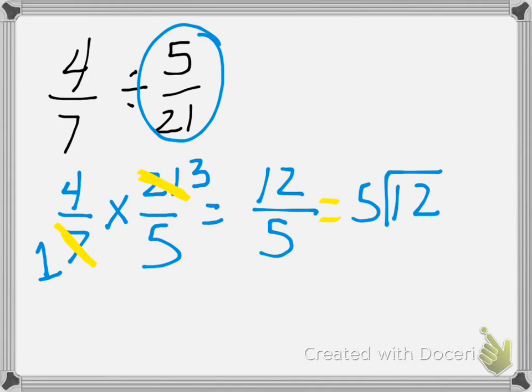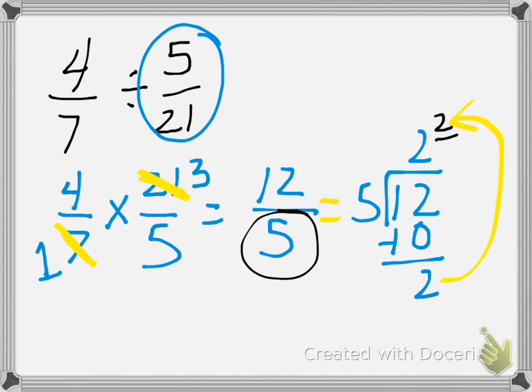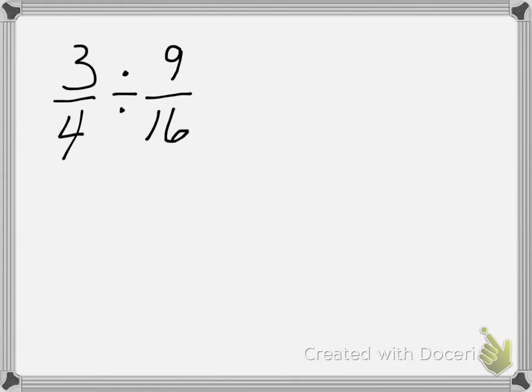We write it in the same order it is here. 12 divided by 5. So 5 goes into 12 twice, which gives us 10. We subtract, we get 2. And once again, our remainder becomes the numerator of our fraction, and the denominator that we originally have stays the same. So 2 and 2/5 will be our final answer.